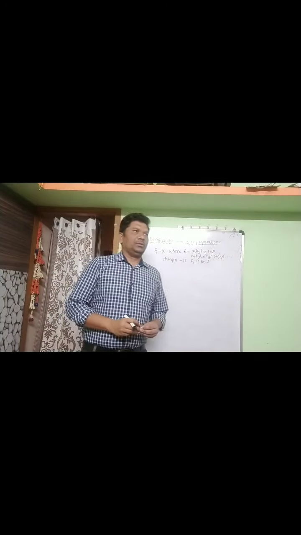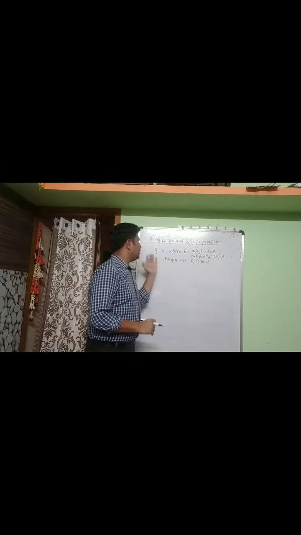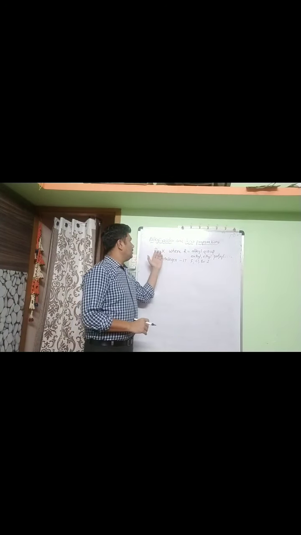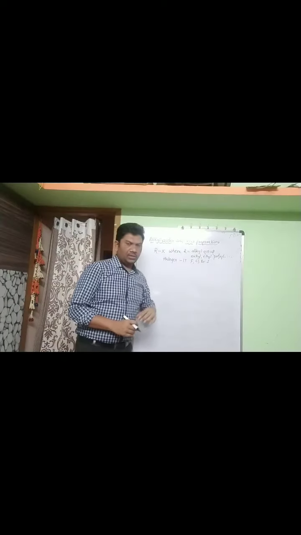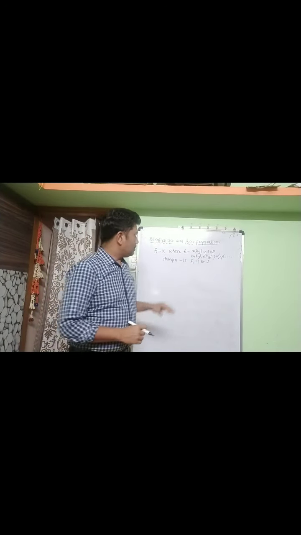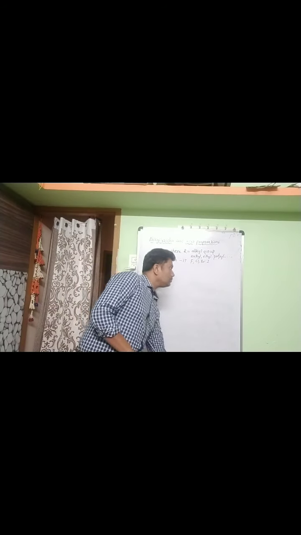So alkyl halides are the organic compounds having the general formula RX, where R stands for alkyl group and X stands for halogen group. So let me start the preparations of alkyl halide now.